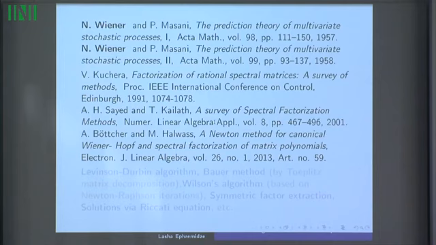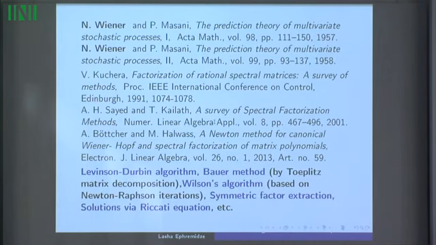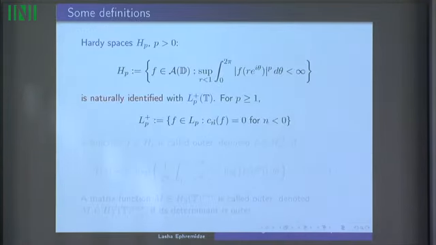And these are survey papers on this topic, and this is a very recent paper. The methods in general can be described, many methods, a few of them are mentioned here. Our method is based on basic principles of Hardy spaces, and we don't go beyond Hardy spaces.